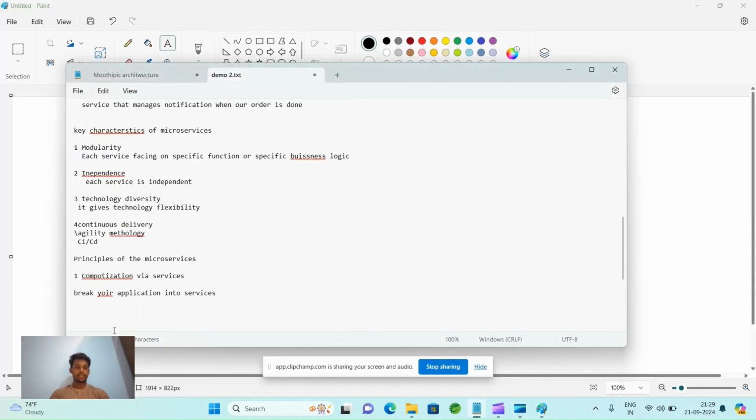Okay, second is organized around business capability.